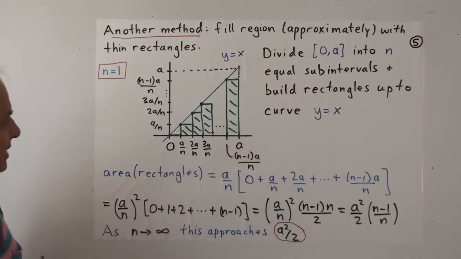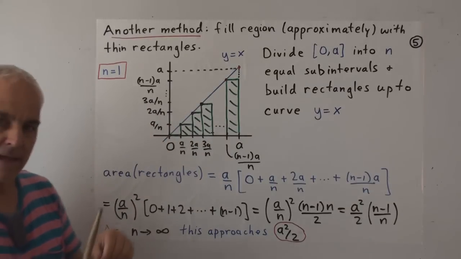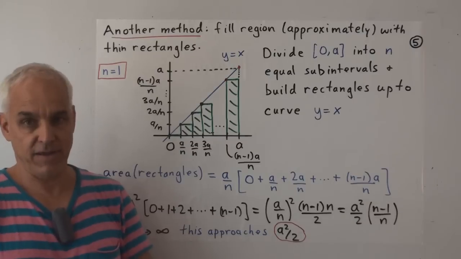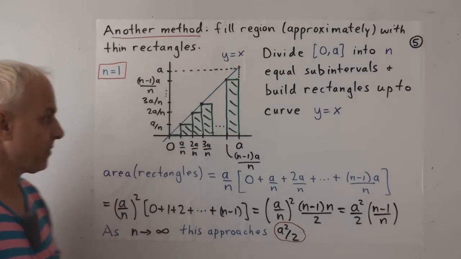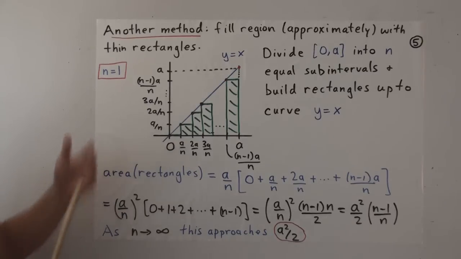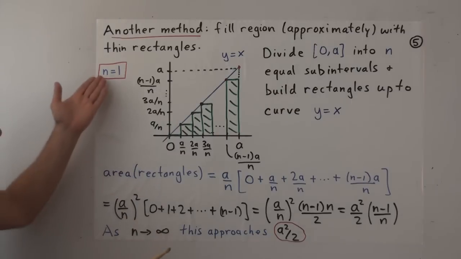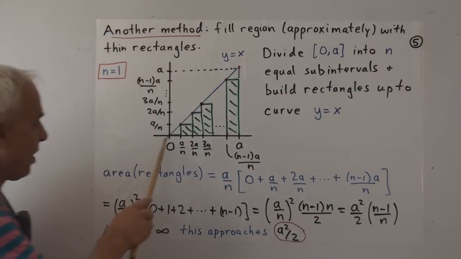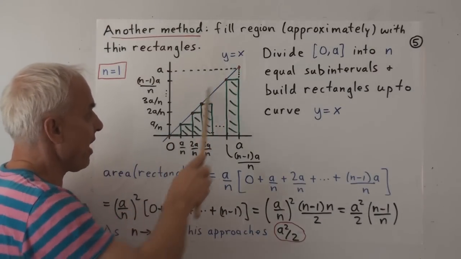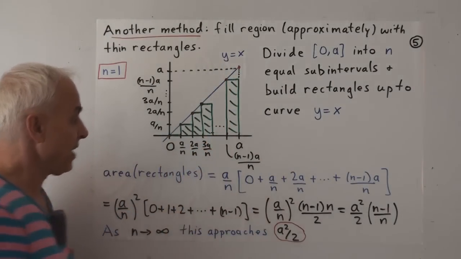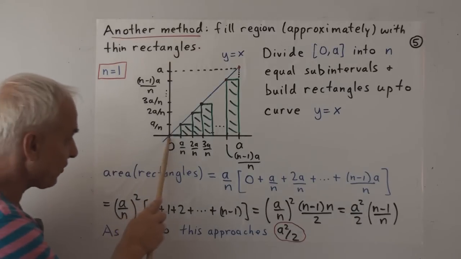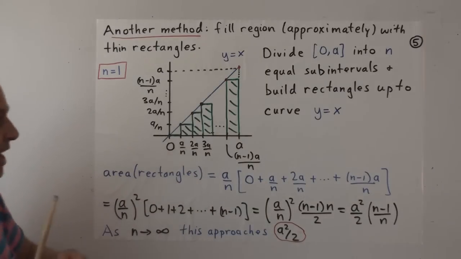What they rather see is an approach to area involving little rectangles built up under the curve that we're trying to find the integral of. So this is another method that I would like to describe, and let's start with a very simple case when n equals 1, which we already know. But suppose we want to calculate the area under the graph y equals x from 0 to a in the following way: we're going to divide the interval 0a into n equal subintervals.